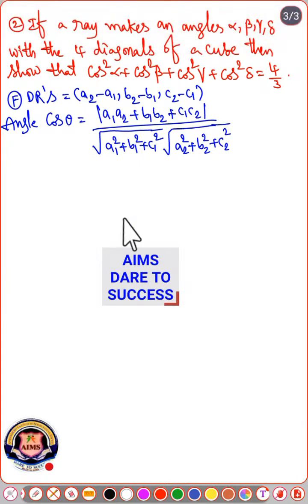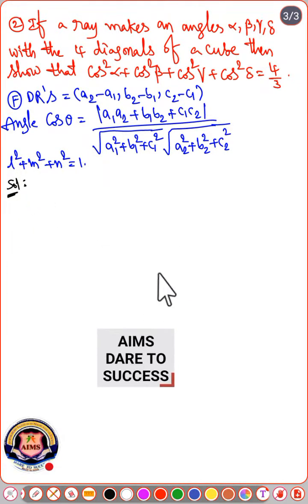Okay, my dears, this is the formula. We are getting one more formula, that is l square plus m square plus n square is equal to 1. These are the formulas we will use.